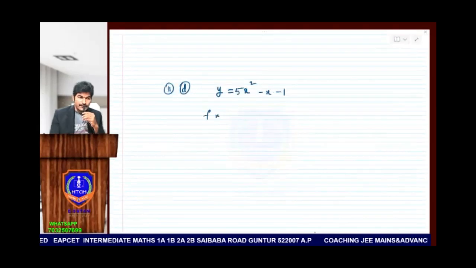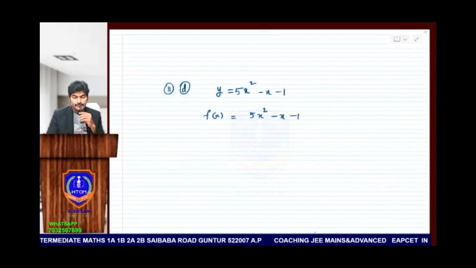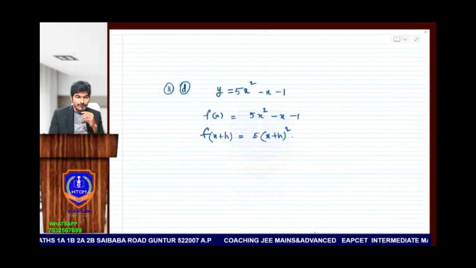So let's say this is f of x. f of x equal to 5x squared minus x minus 1. And we will define f of x plus h. 5 of x plus h whole square minus 5, x plus h.